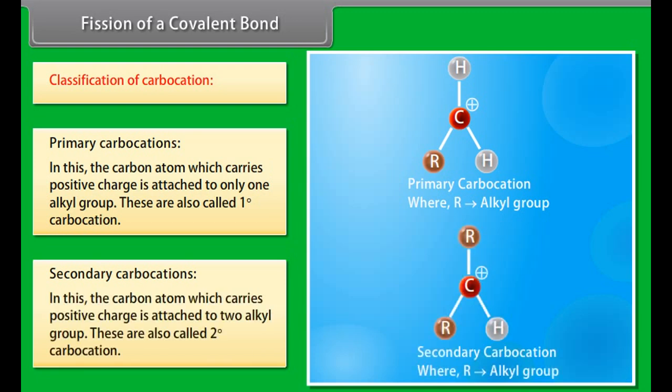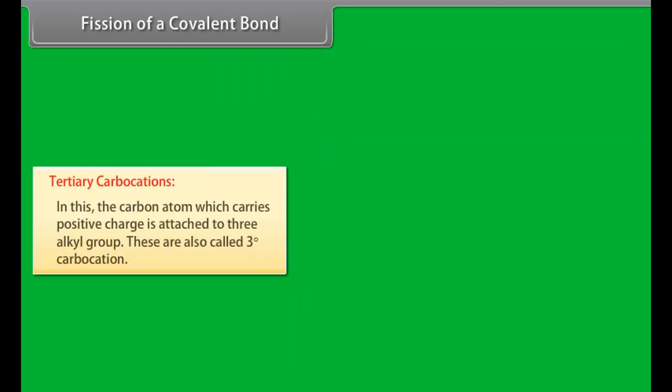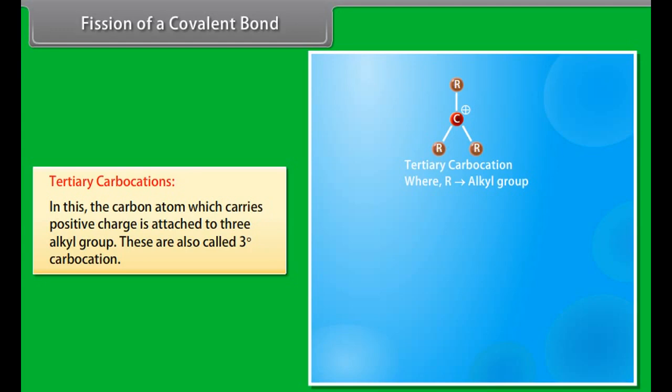In this, the carbon atom which carries positive charge is attached to two alkyl groups. These are also called 2-degree carbocation. Tertiary carbocations. In this, the carbon atom which carries positive charge is attached to 3 alkyl groups.